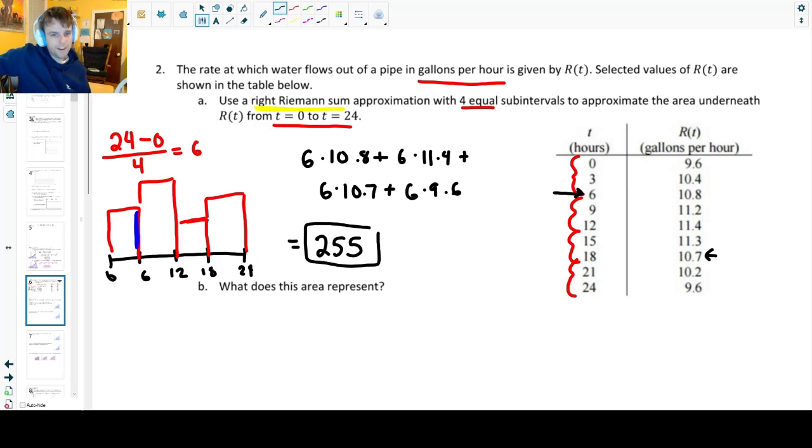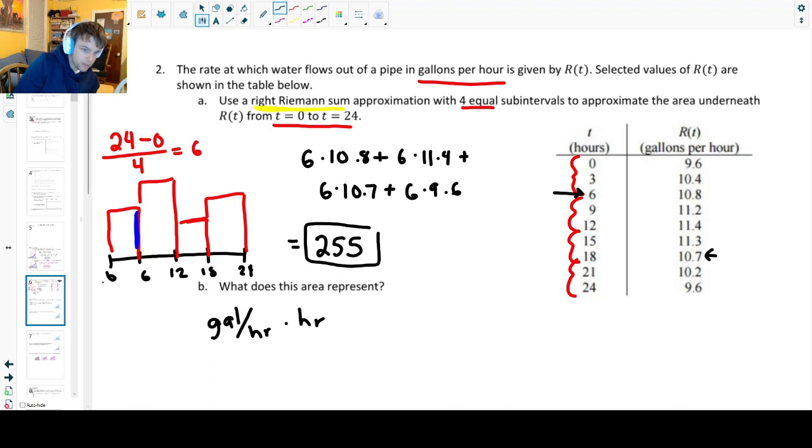255 what? Right? 255 what? So when you are doing a Riemann sum or an area under the curve in general, the units of this are going to be the units of your output, right? So which are gallons. So gallons per hour times the units of your input, so times hours, right? Because that's what we're doing here in all these calculations.